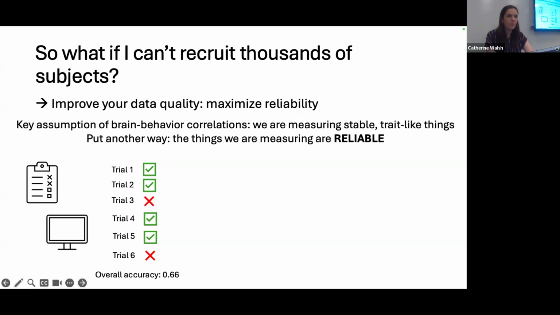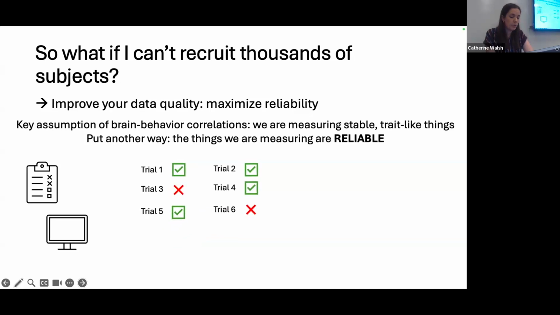So great. What if I try to split these into two subsets? Maybe we split out the even and odd trials. If we calculate the accuracy on both of those samples of trials, we can see that it's the same as our overall accuracy. We could shuffle the trials again and do the same and get similar accuracies.